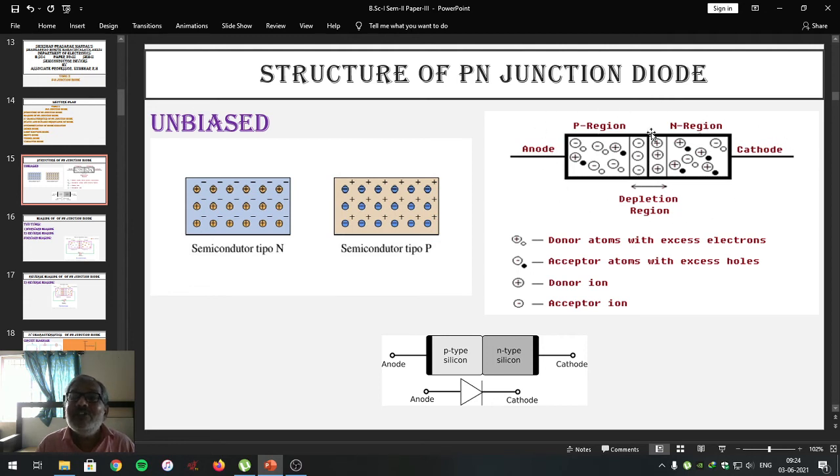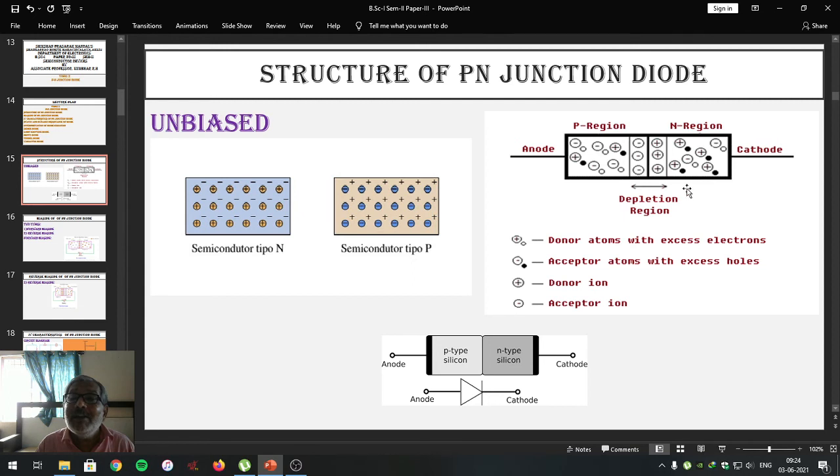This is how the junction is created between P-type and N-type semiconductor, and a new device gets formed. This first generated new device is called the PN junction diode. The reason is so simple: on one side there is a P-type semiconductor, on another side there is an N-type semiconductor.